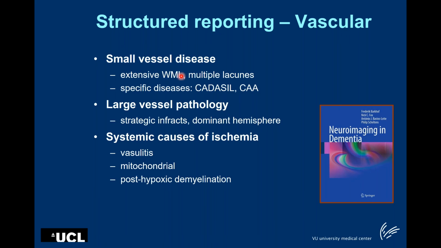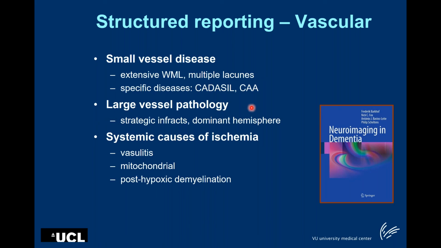The most typical one is small vessel disease, causing diffuse signal changes on FLAIR in the white matter, but you can also have multiple lacunes. There are only very few specific diseases. CADASIL is one of them, but 95% of the so-called small vessel vascular dementias have just sporadic etiologies.